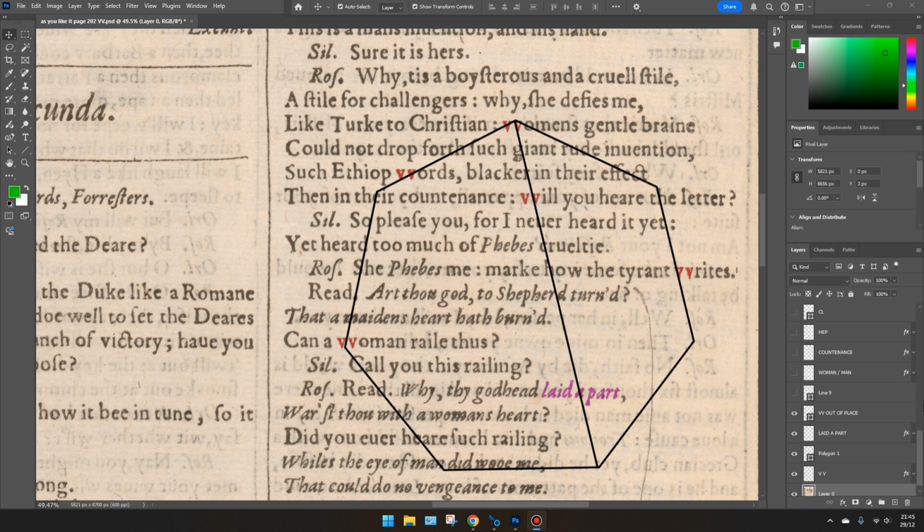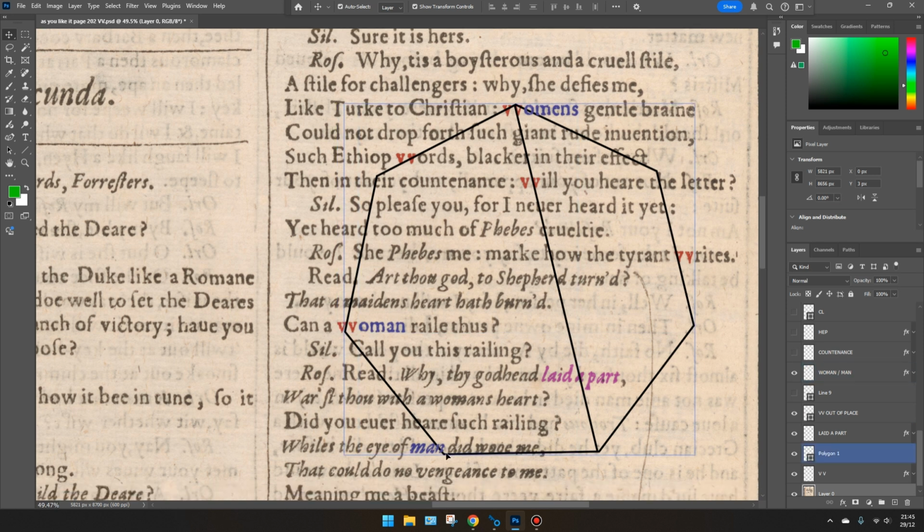So if we carry on here, I've got a few things laid out. Now, what we notice is we've got woman, woman, man. So at each of the points, we've got this relationship of a man and a woman, possibly with this VV.